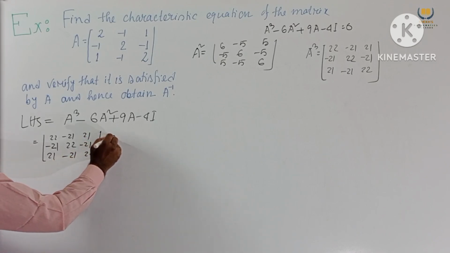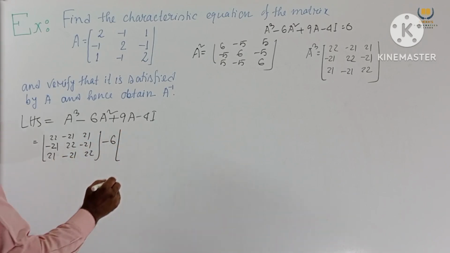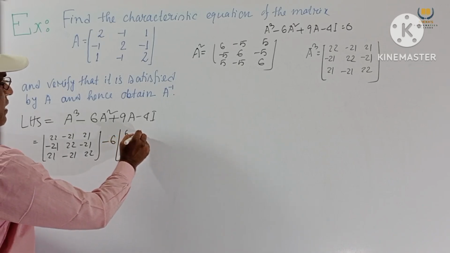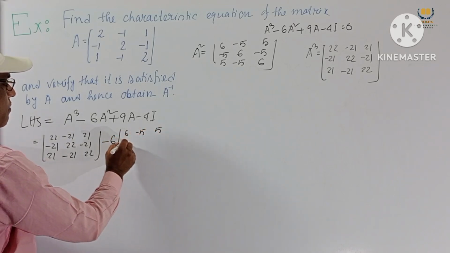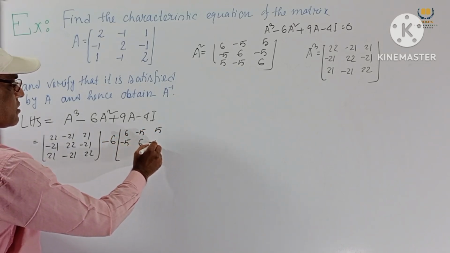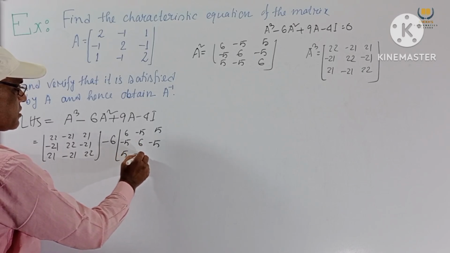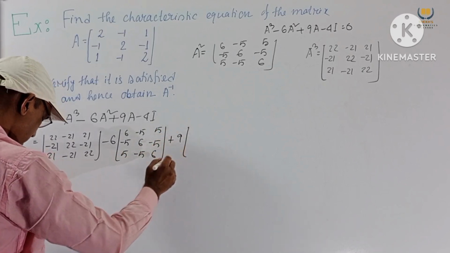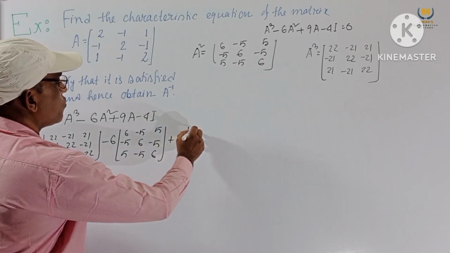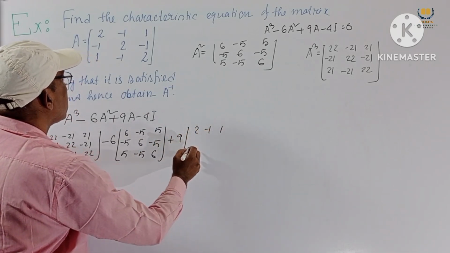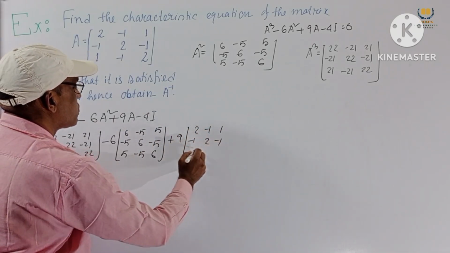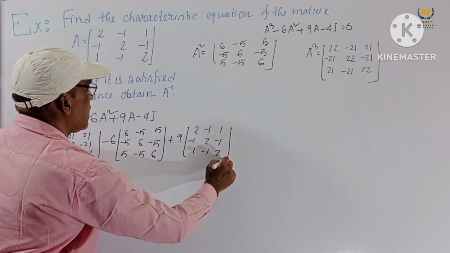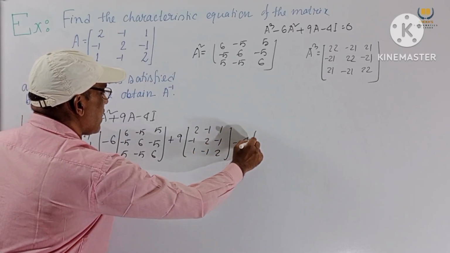and 6A square. A square means 6 minus 5 5, minus 5 6 minus 5, 5 minus 5 6, then 9A. A is 2 minus 1 1, minus 1 2 minus 1, 1 minus 1 2, and minus 4I.